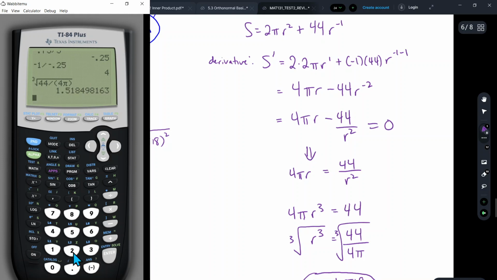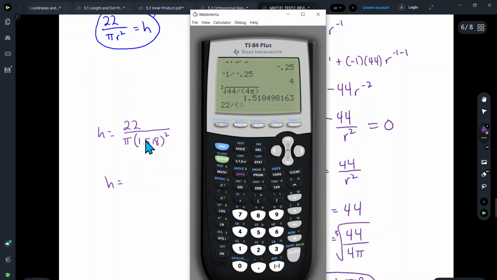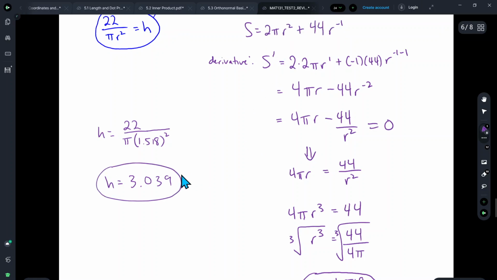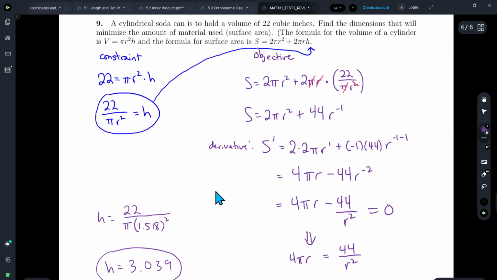So let's calculate this. 22 divided by, and then in parentheses, pi times 1.518 squared, then I have to close this parentheses. Okay, so I get h is 3.039. Okay, so this should minimize the surface area.